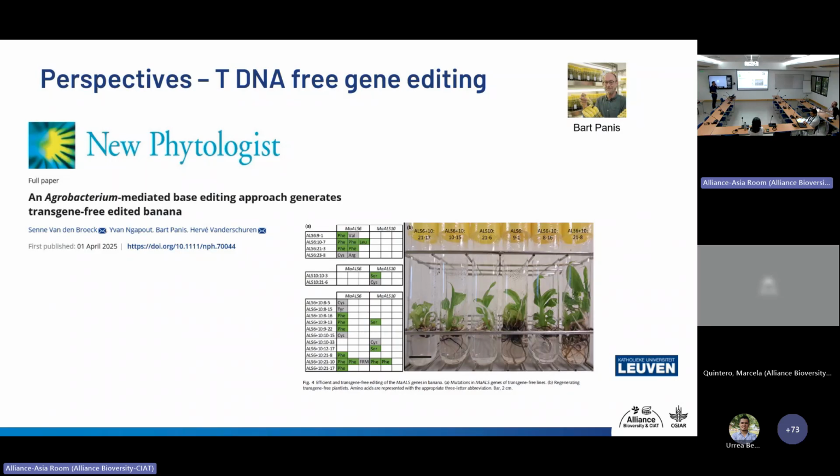It is a proof of concept for the gene editing methodology, which is still DNA-free, but there is still some investment to make to develop additional edited lines that would be resistant to different traits like TR4. I don't know if Bart is online, but he would probably be the best person to reply to this question, or Sebastian. But at the moment, we don't have this to introduce in Colombia.